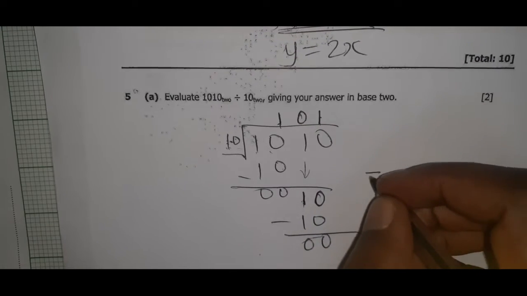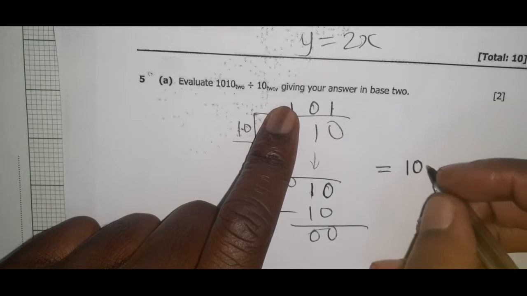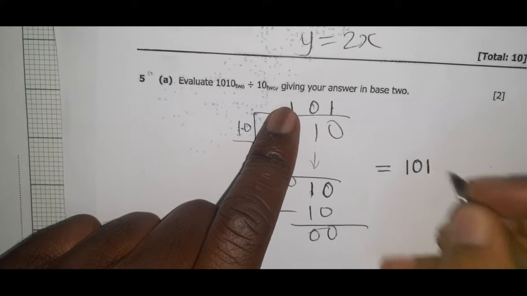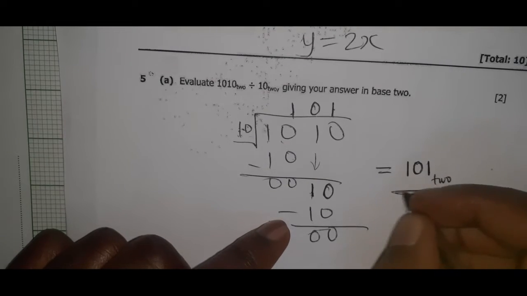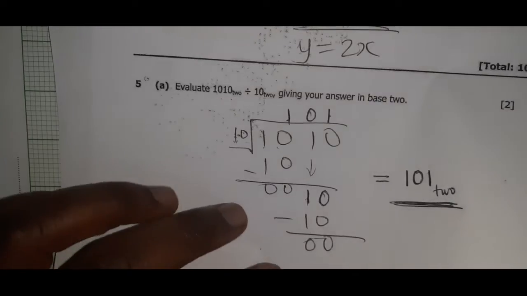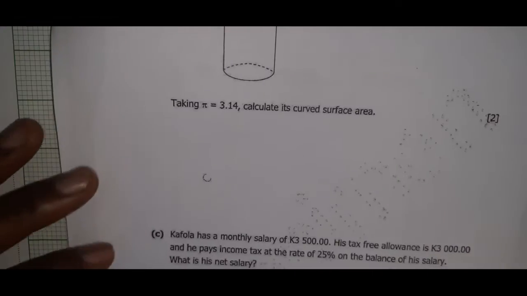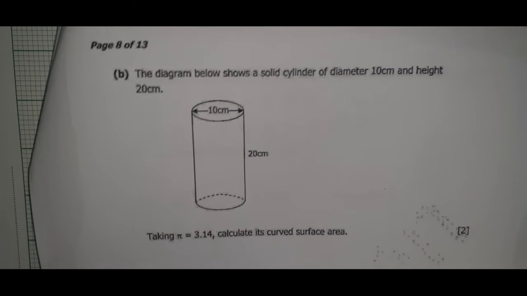So our answer is this one here, 101 to base 2. That is our answer. Okay. Are we together? Okay.